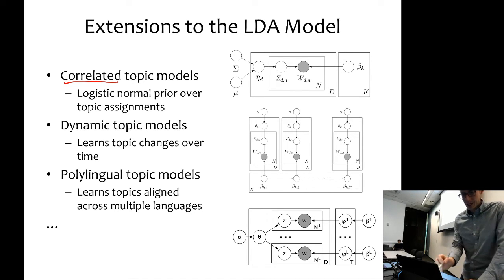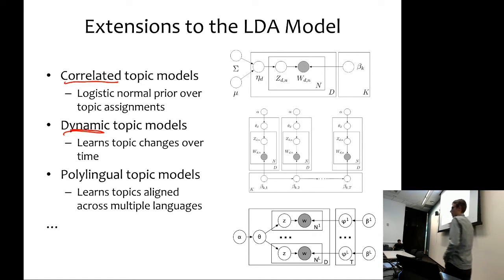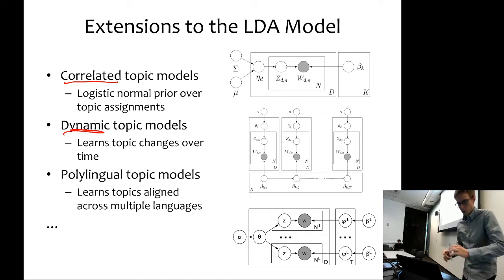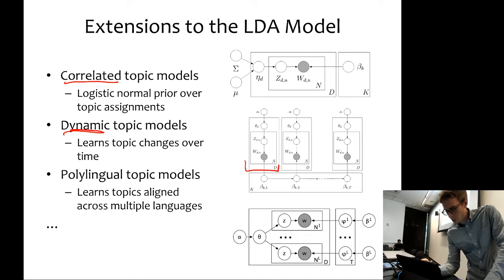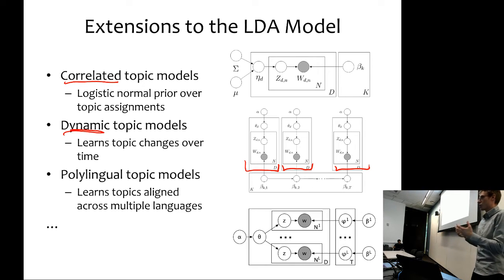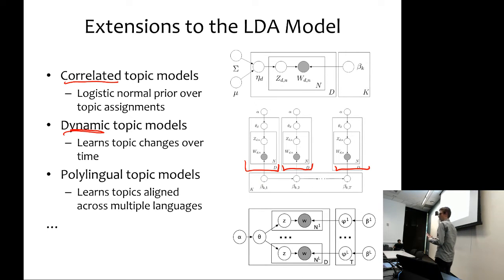So a dynamic topic model is really fun. We'll look at this in a little more detail, because it can actually learn topic change over time. So there's a notion of groups of documents, right? So here's group 1, here's group 2, here's group 3, and each group might be a set of documents from a different decade. And maybe you have 10 decades worth of data. And so you can see how the topics are changing over time.